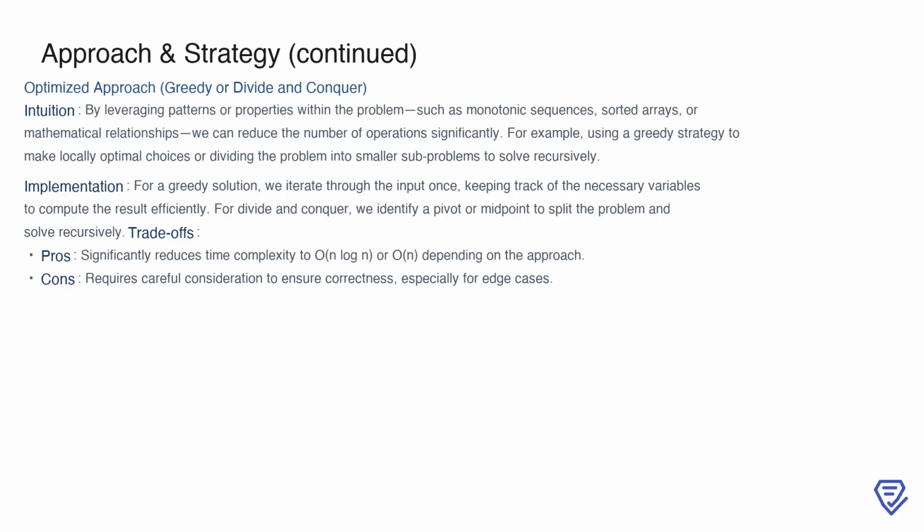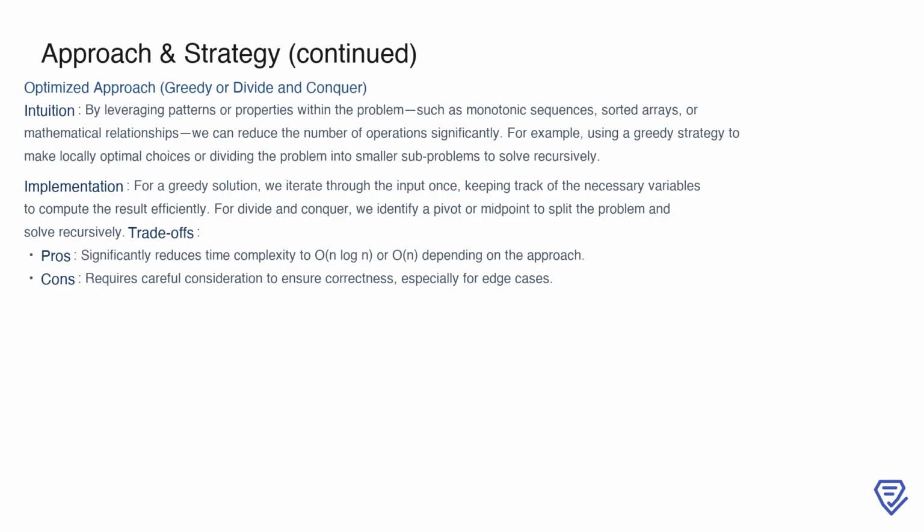Now, to improve upon the brute force approach, we can consider optimized methods, such as greedy algorithms or divide and conquer strategies. The key intuition behind these approaches lies in recognizing patterns or leveraging specific properties of the problem. For example, in a greedy approach, we make locally optimal choices at each step, which can lead to a globally optimal solution.